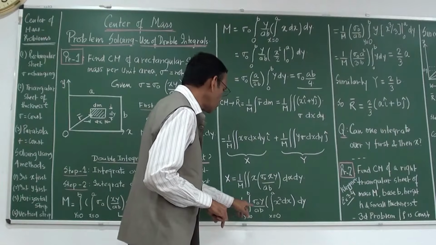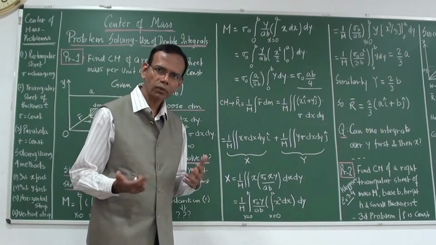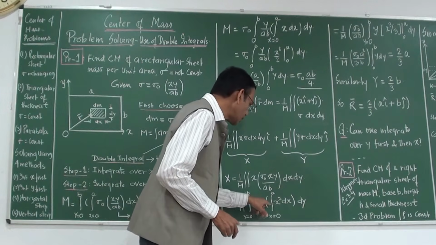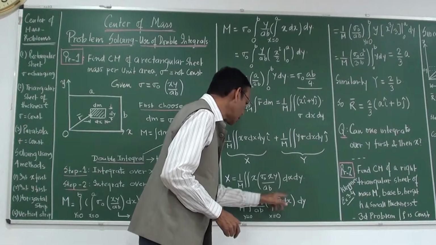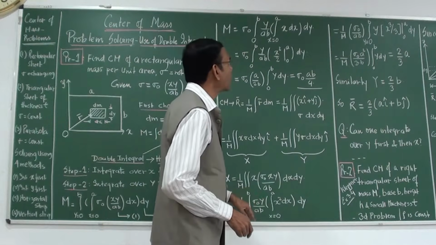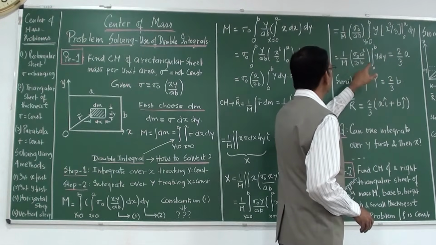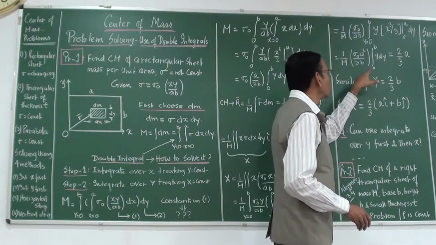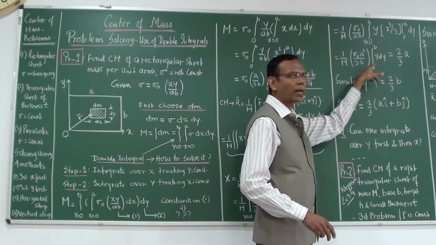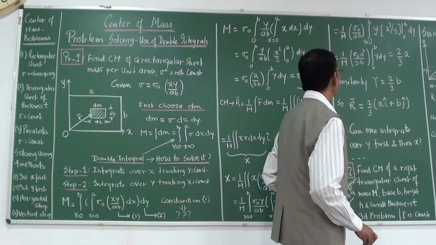Then again I integrate x first, but you can do otherwise also. So integrate x first, that is x square dx, limit 0 to a, dy, and then once x is integrated, we integrate the y. So it is 2 by 3 a.